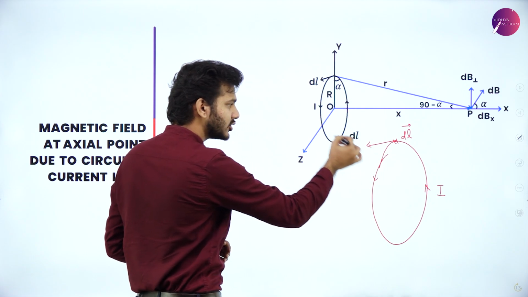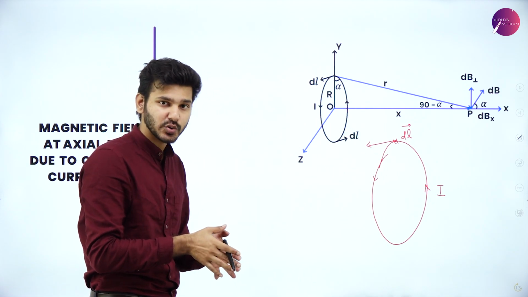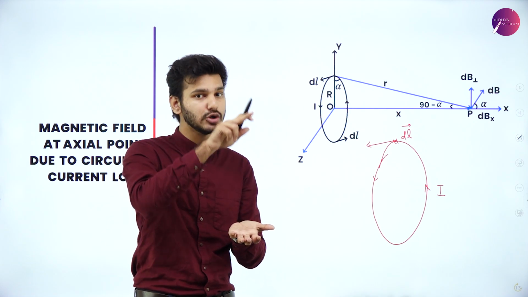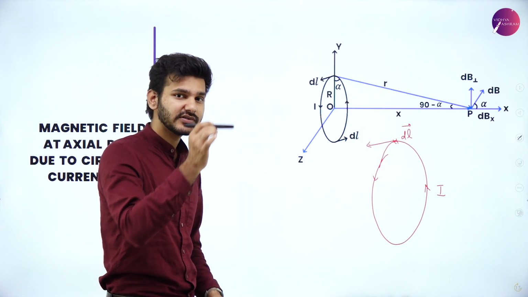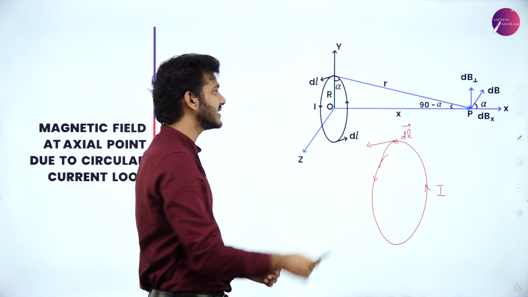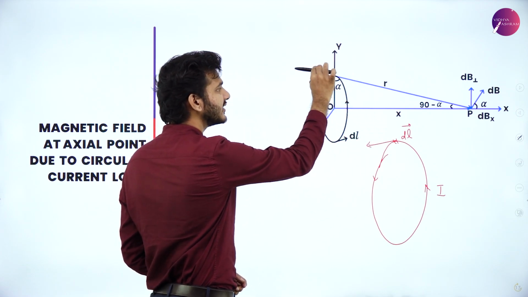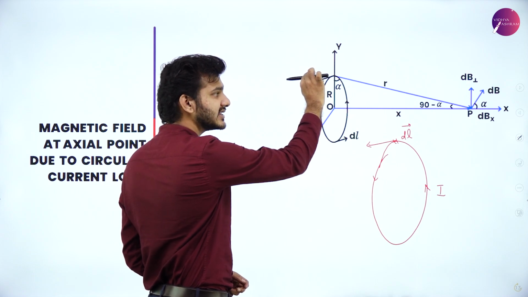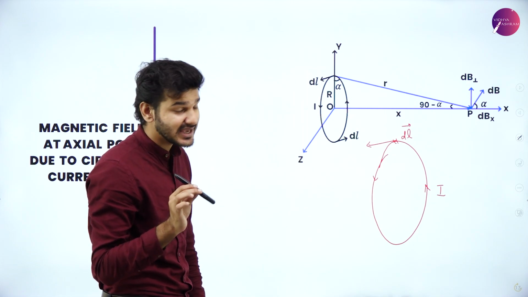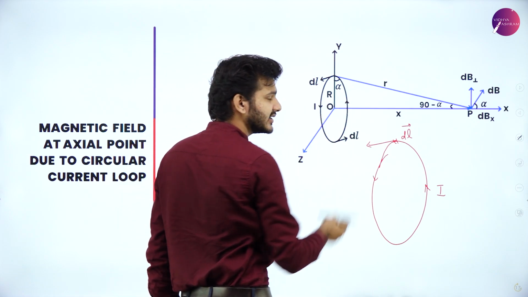But in actuality, you must know that if this is the current carrying circular loop, then the direction of the vector dl is coming out like this, and perpendicular to that particular vector dl, r is going like this.